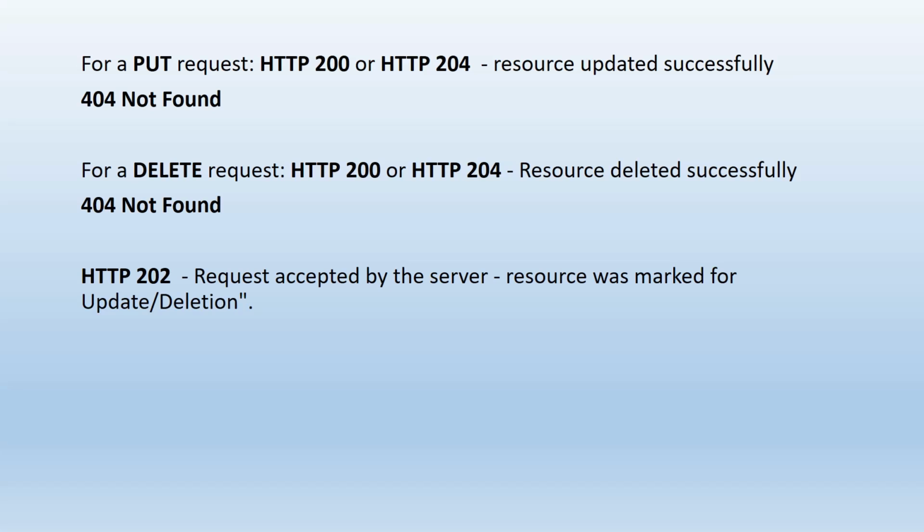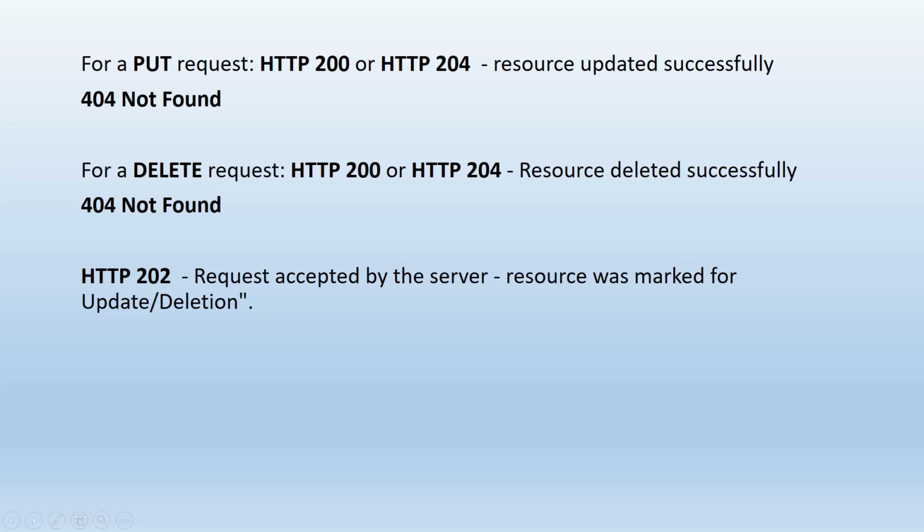In that case we can return 404. The same applies to the delete operation. There also you can use HTTP 200 and 204 for a successful operation, and you can use 404 if the resource which you are trying to delete is not found.